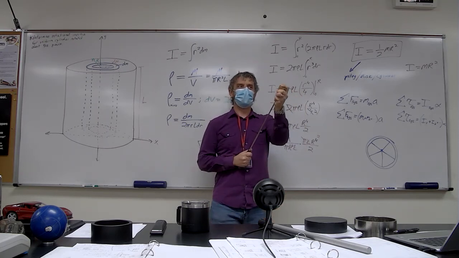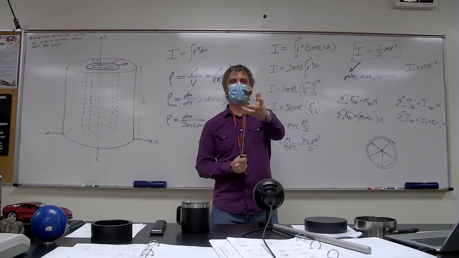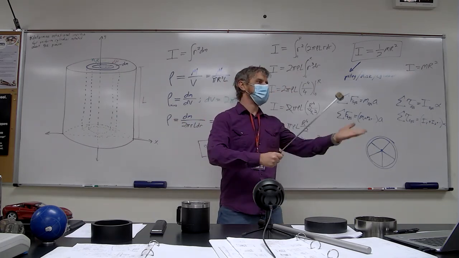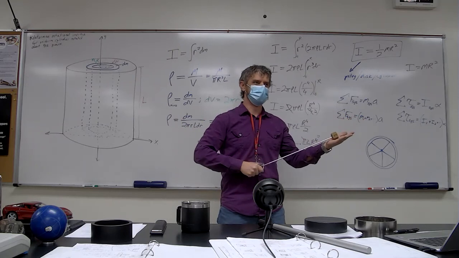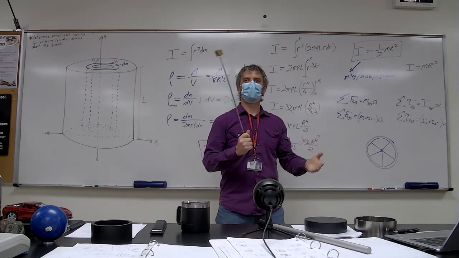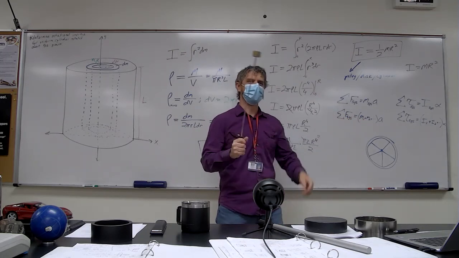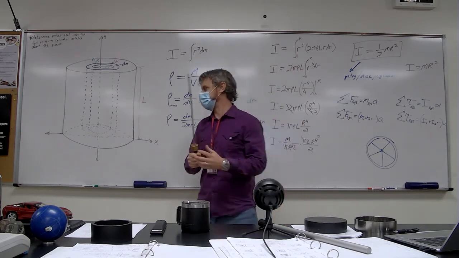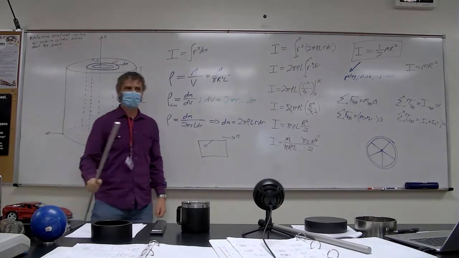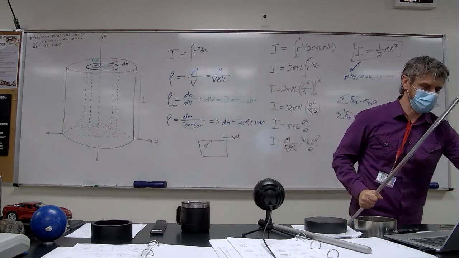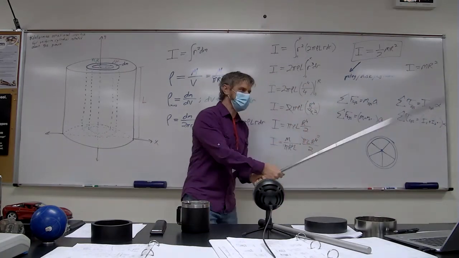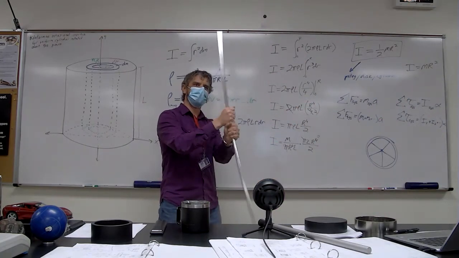And if he gets this thing rotating at the same speed, this is going to cause a whole lot more damage, right? And that's because there's a lot more rotational inertia in this configuration than there is in this.